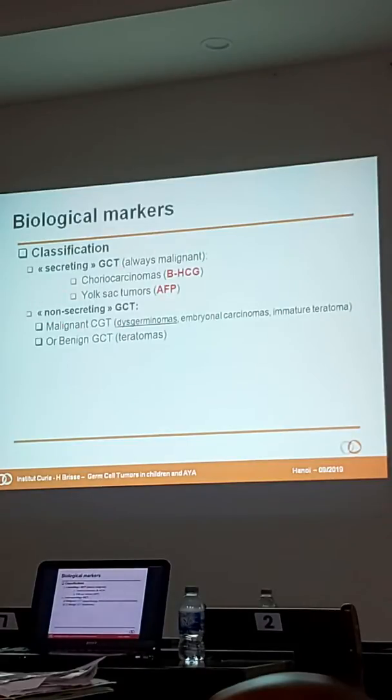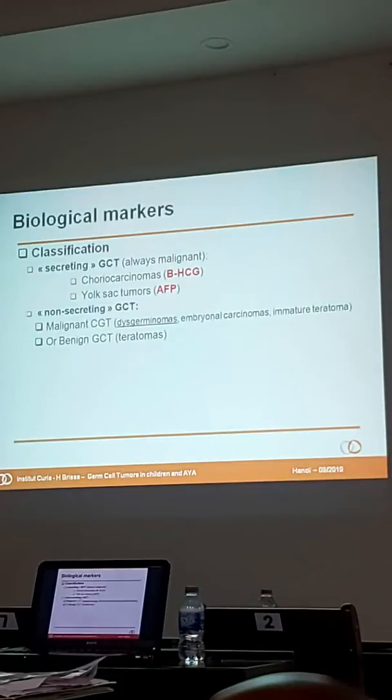If you have normal levels of AFP and beta HCG, it can be a benign teratoma, but it can also be a malignant germ cell tumor. This is important to remember. These germinomas usually don't have secretion. Sometimes a very low level of beta HCG, but sometimes nothing. And those do not have positive serum markers.